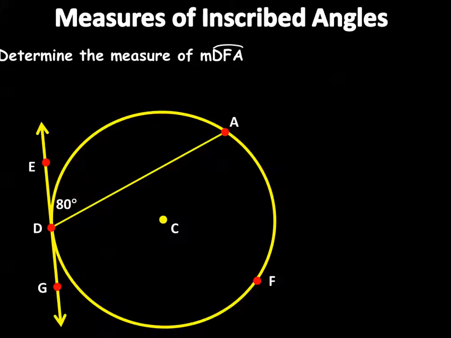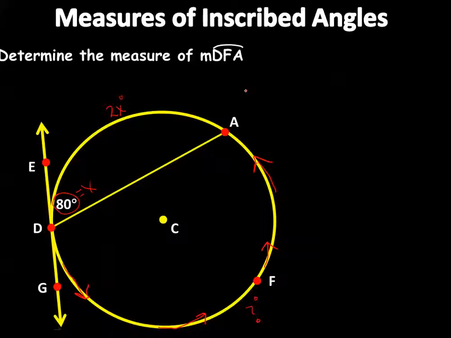Here they want to know the measure of the major arc DFA, and that's the one that goes all the way around, just like I'm drawing here. They want to know what that measure is based on the fact that this angle right here equals 80 degrees. Remember how we set that up? 80 is going to equal x, so that means this arc right here is 2 times x degrees.